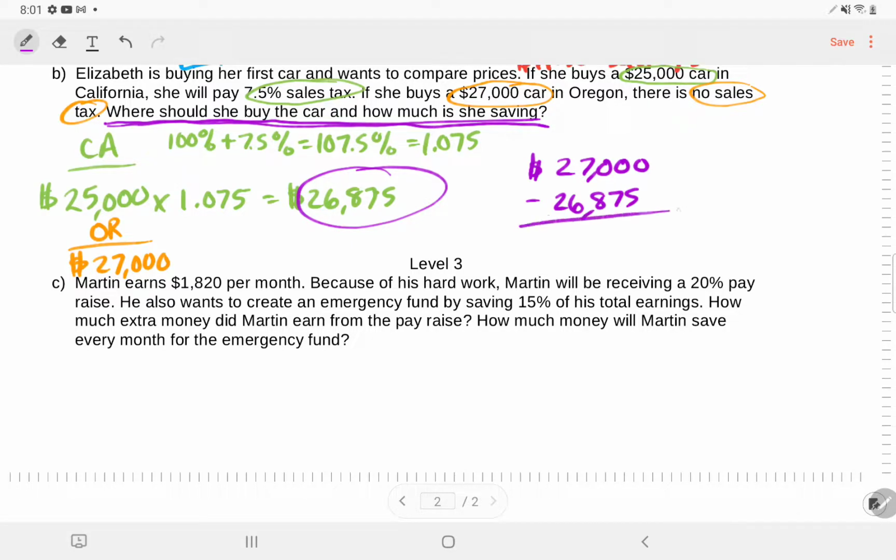And it's going to be cheaper by $125. So she saves $125 buying in California instead of Oregon.